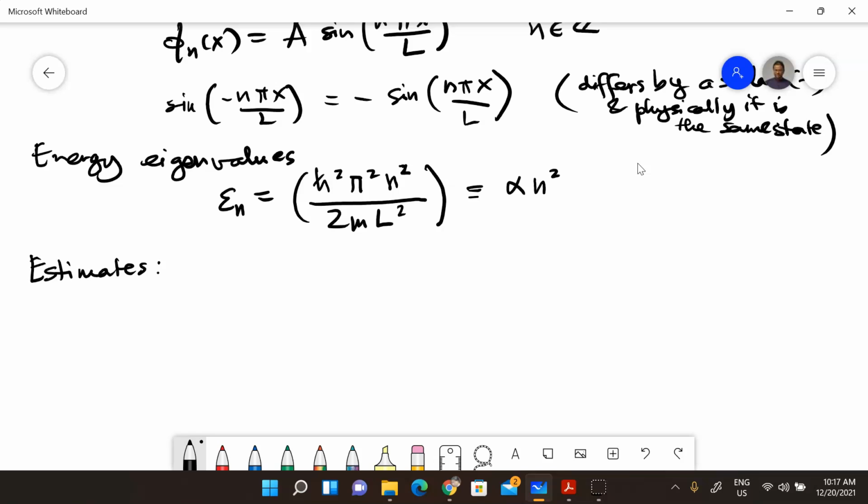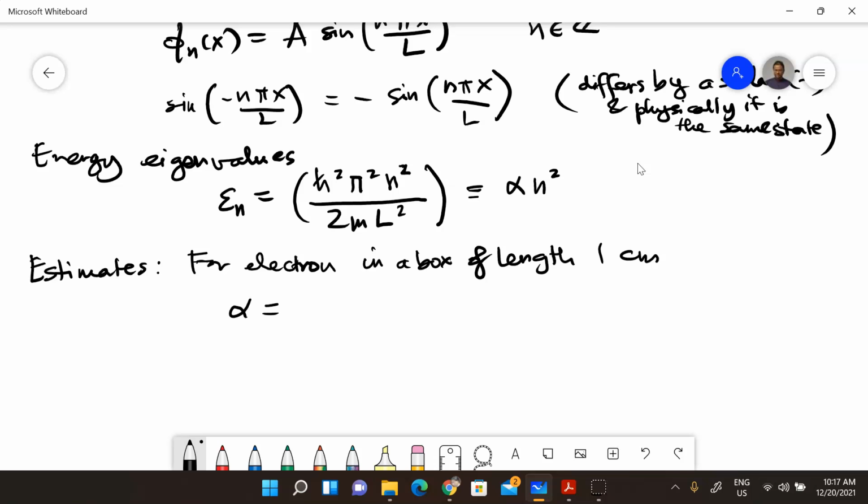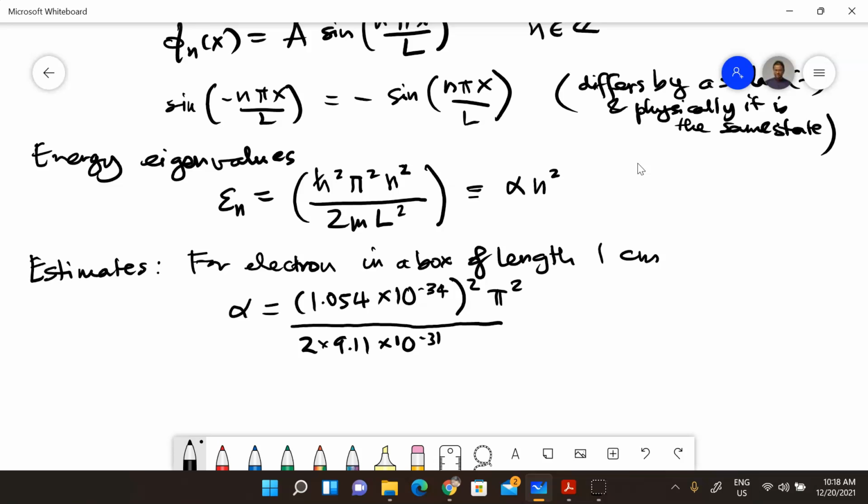So the estimate for an electron in a box of length 1 centimeter: your alpha is going to be, your h bar is 1.054 times 10 minus 34, squared, and then pi squared, over 2 m L squared, 2 times the mass of the electron, which we know as 9.11 times 10 minus 31 kilograms, and length 1 centimeter is 10 minus 2 meters, so that is 10 minus 4.